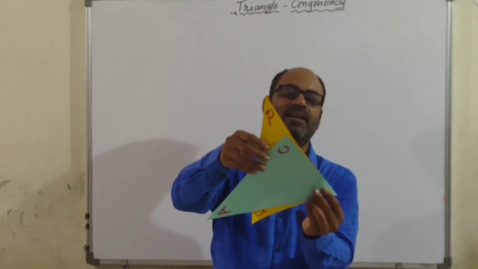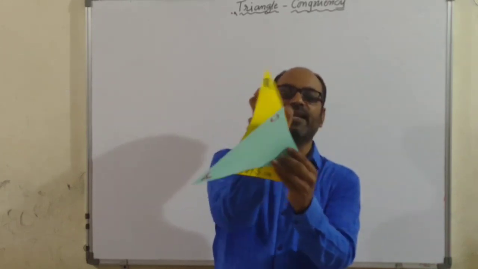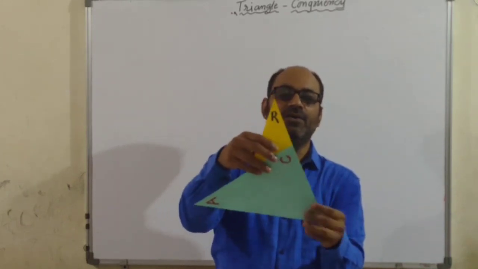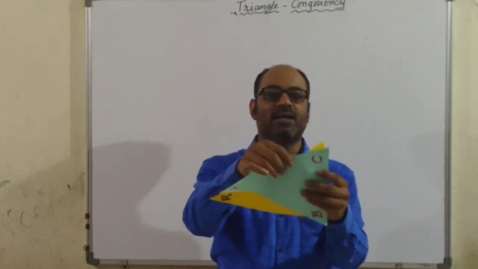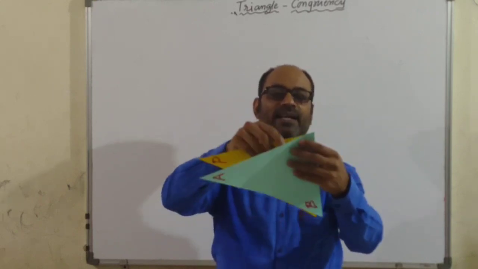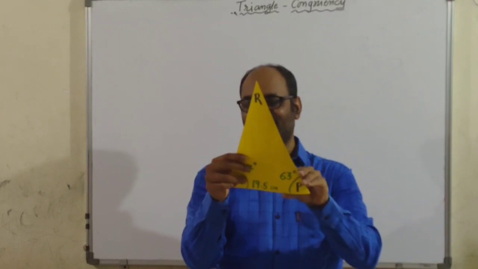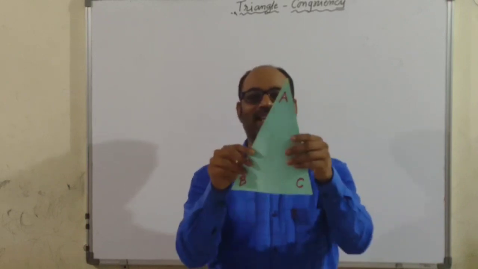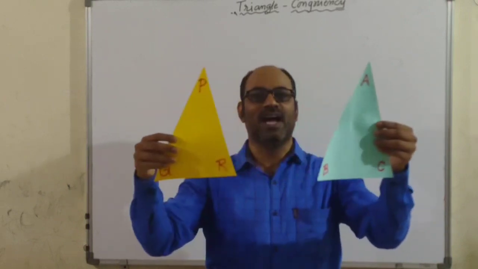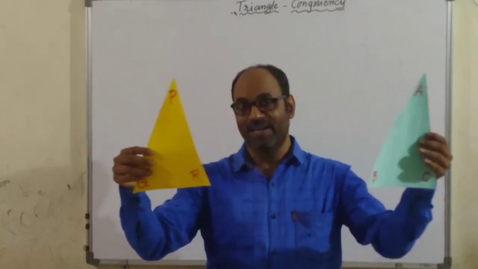Are they overlapping? No. I'll try to connect like this. Second way. No. I'll try to connect like this. Third way. No. Overturning it. Yes, that fourth way. The fourth correspondence is congruent. Can you see this? These two triangles are congruent.